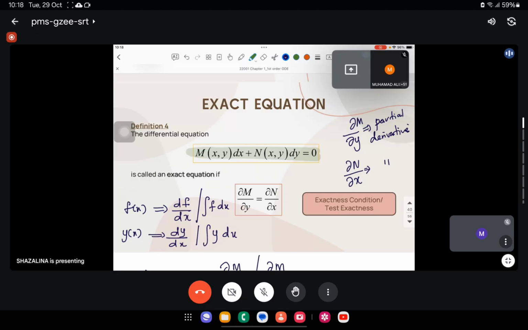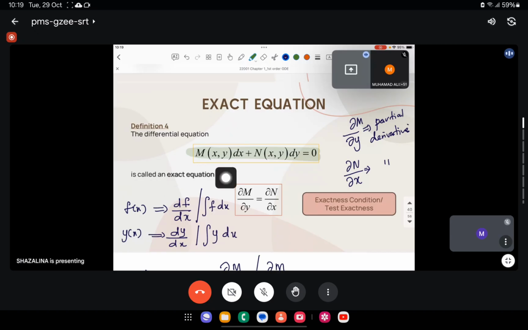Make sure M, a function of M, is paired with dx. No matter how it is arranged, even if dx is at the back, make sure your M is paired with dx. The pair for dx is M, and the pair for dy is N.